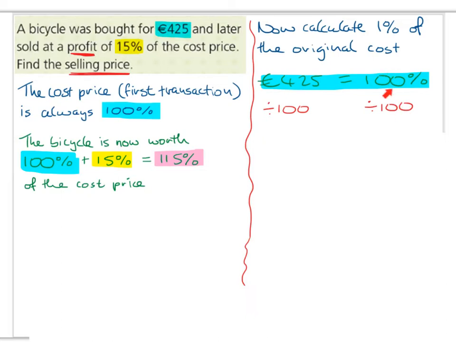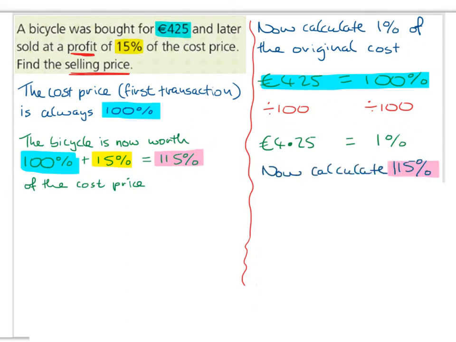So what we do to the right, we do to the left. And €425 divided by 100 gives us €4.25. So this is 1%. We wanted to work out 1% of the original price. And now we're going to work out 115%. So we know 1%, we want 115%.